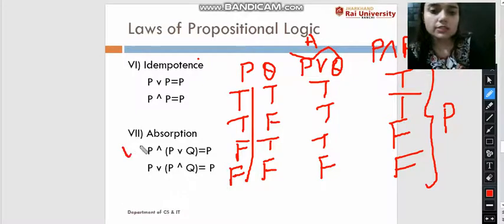So yes, this law is correct. Similarly, you can prove the second one, or the idempotence law, using the truth table.